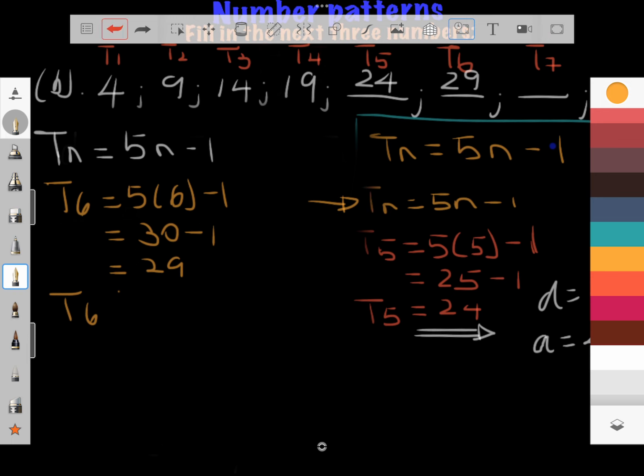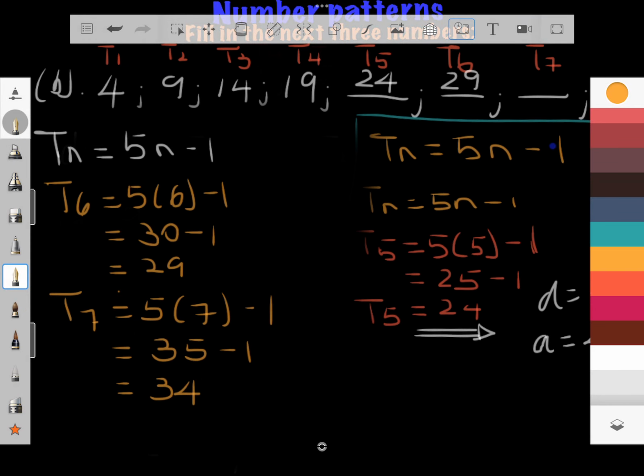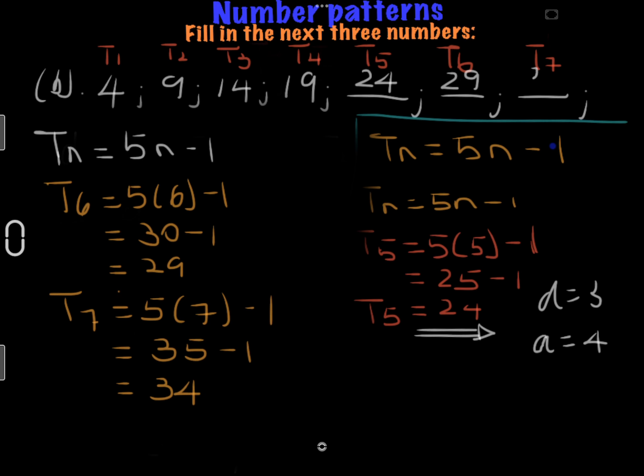T7 would be 5 times 7 minus 1. So we have 35 minus 1 gives us 34. So we can go ahead and write that value in the pattern as well. So we have 34. Which means we found 24, 29, and 34 as missing values in this linear pattern.